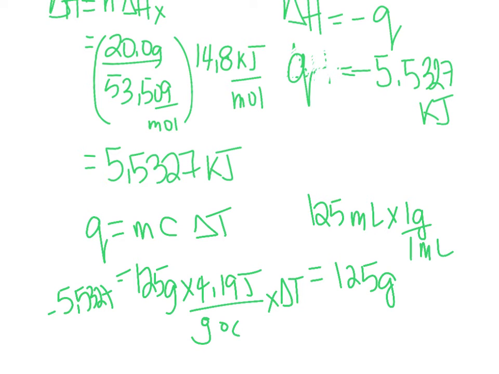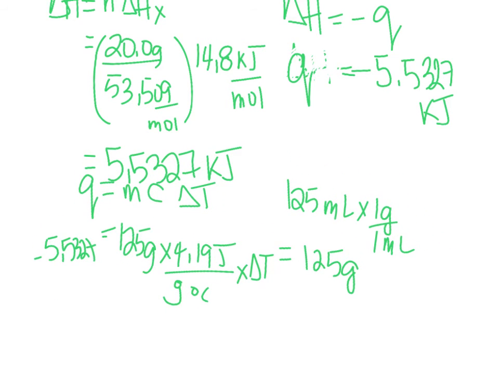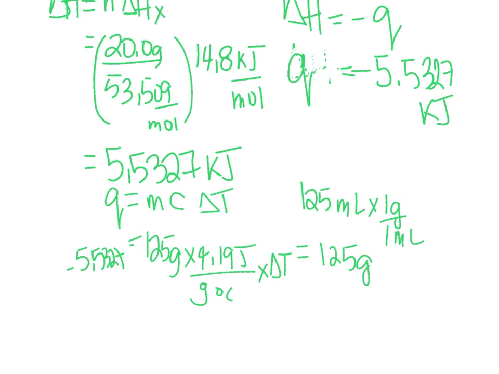If I put this number in as it is, I've got kilojoules here, joules over here. You've got to have the same unit. How many joules are there in a kilojoule?